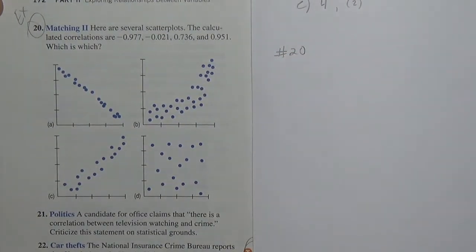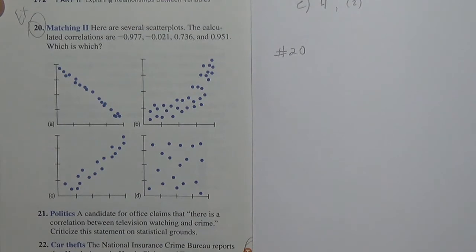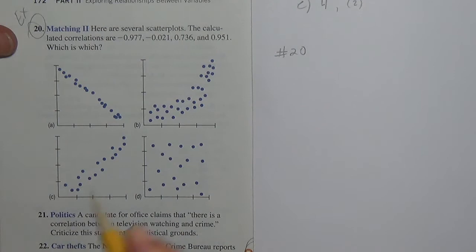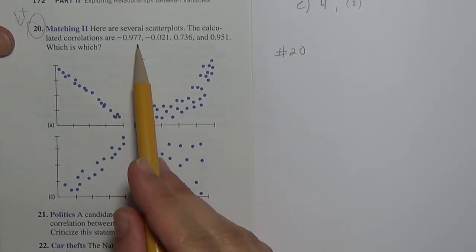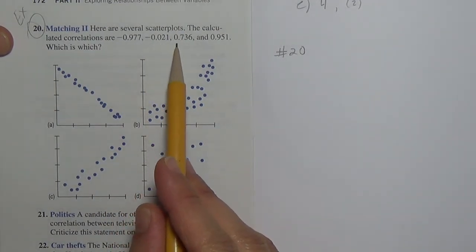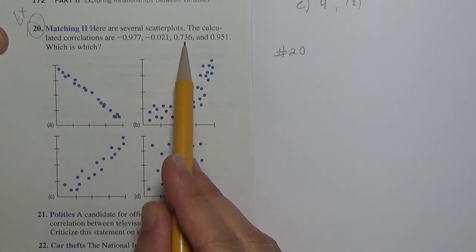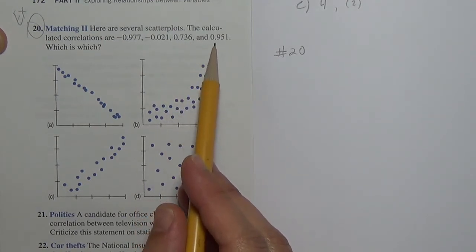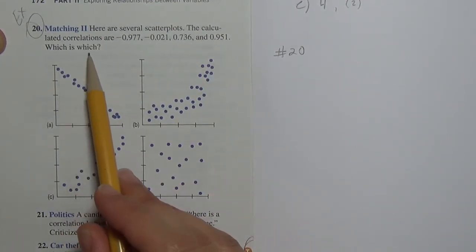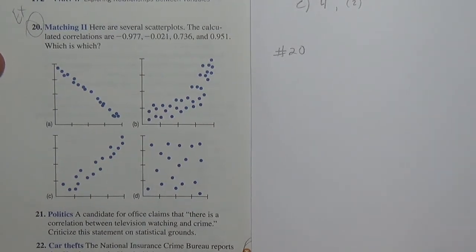Alright, it says matching. Here are several scatter plots. The calculated correlations, your R values, are negative 0.977, negative 0.021, positive 0.736, and positive 0.951. Which is which?